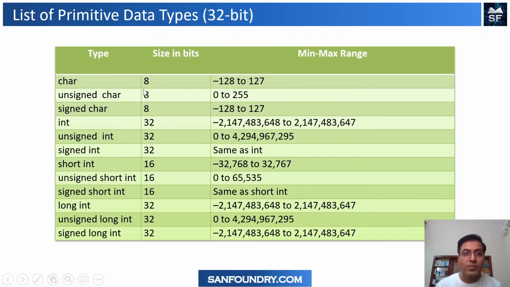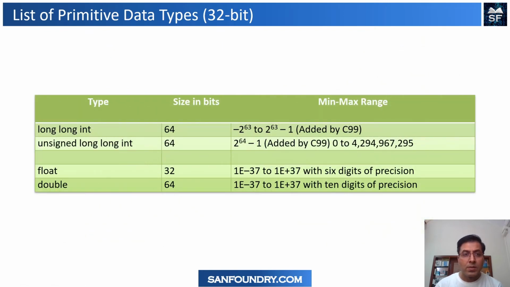When you look into the sizes now, for character, it doesn't matter what the qualifiers are, all are 1 byte. Integer, all are 4 bytes. Short, 2 bytes. And long is again 4 bytes in a 32-bit world. Long long was primarily created for a 32-bit world, so long long is basically 8 bytes, doesn't matter the qualifier.